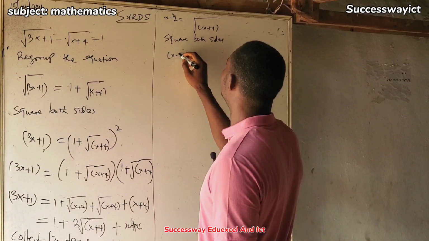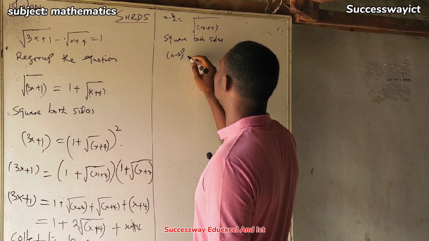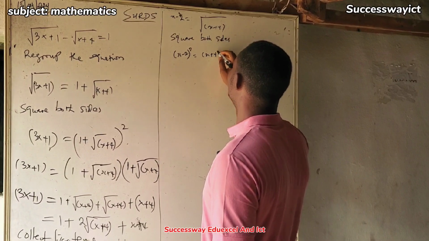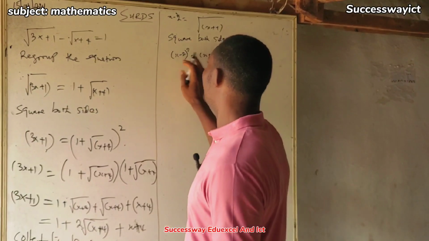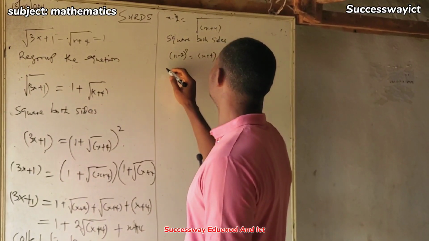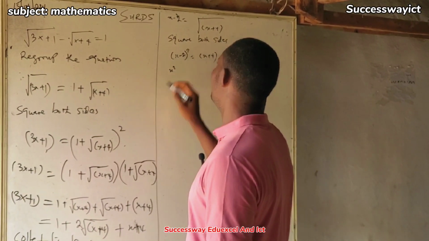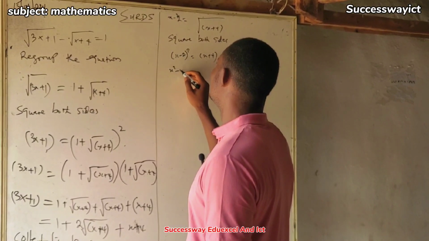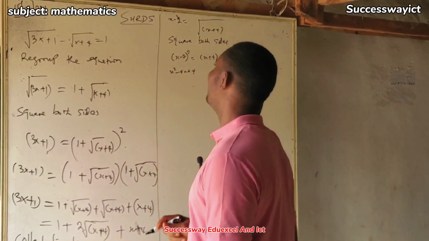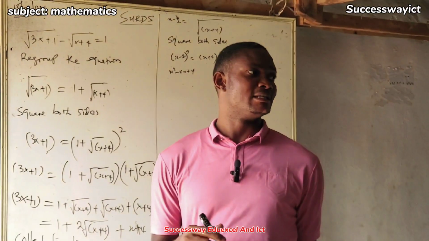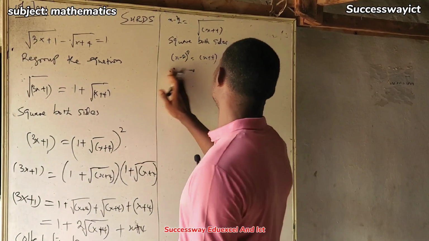So I have x minus 2 squared is equal to x plus 4. Are we together? Now if I square this, what will I have? I have x squared minus 4x plus 4. Am I correct? Let me break it down.